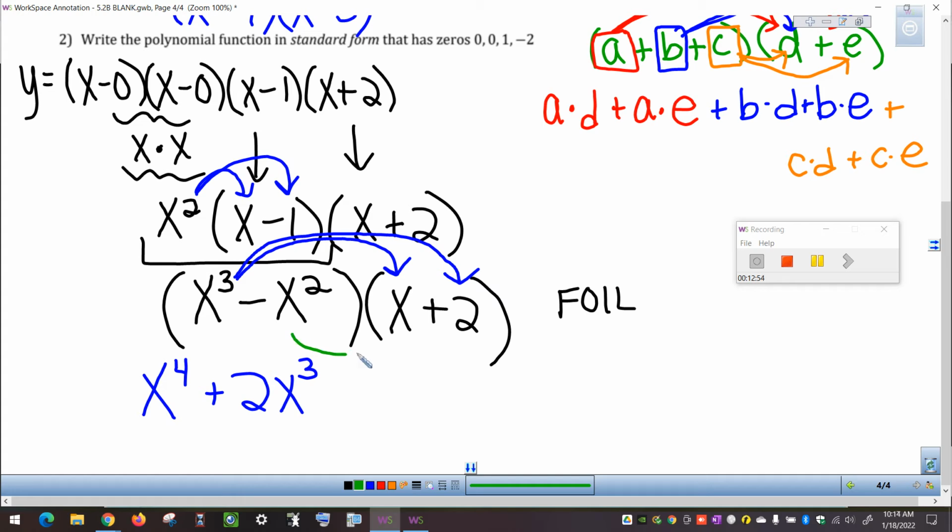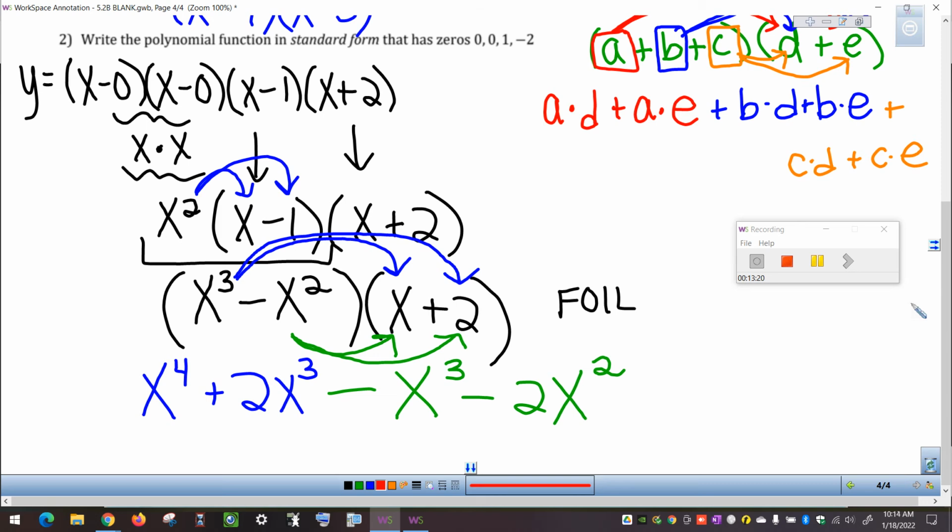The inside terms is now continuing with that negative x squared. So that's going to multiply by the x. X squared times x makes it x to the third. We're going to make it negative. And then the last term times the last term is going to follow this last arrow here. That's going to make it negative 2x squared.